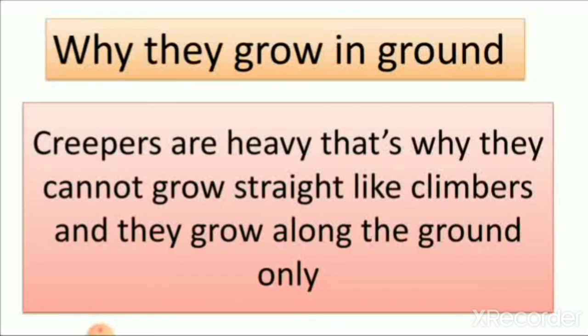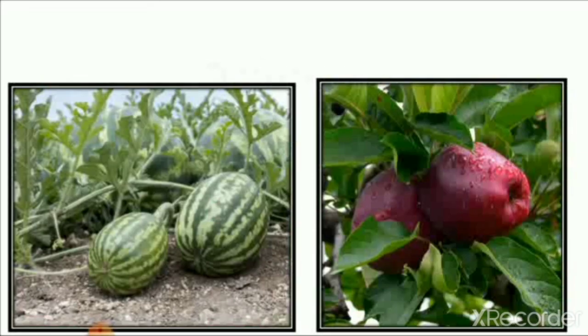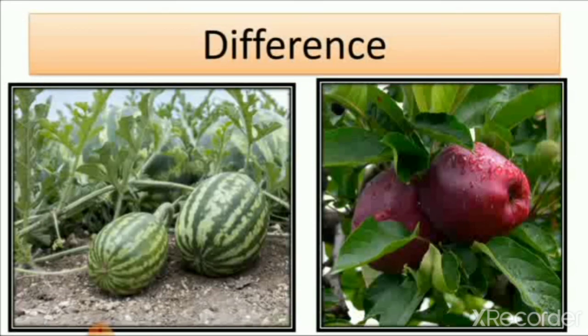Just imagine if watermelon climbed like a climber, then the watermelon would fall down. That's why they grow along the ground. Here you can see watermelon is big and apple is very small. So a small fruit can grow on a tree, but watermelon is big and heavy. That's why watermelon cannot grow like an apple.